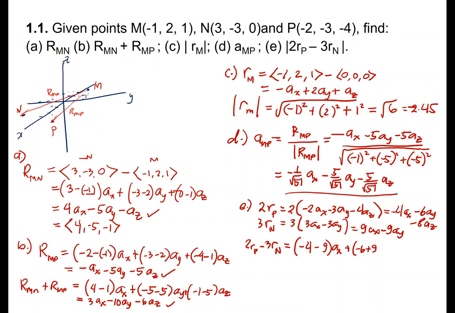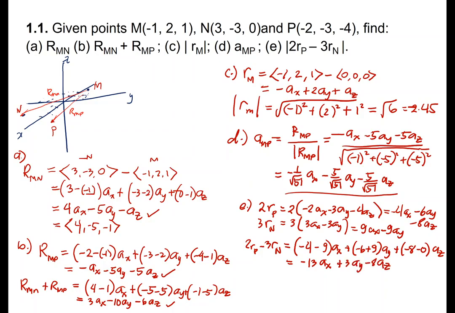The double negative becomes positive. And then AZ: negative 8 minus 0, so you can just write negative 8 AZ. So negative 4 minus 9 is negative 13 AX, plus 3 AY, minus 8 AZ.